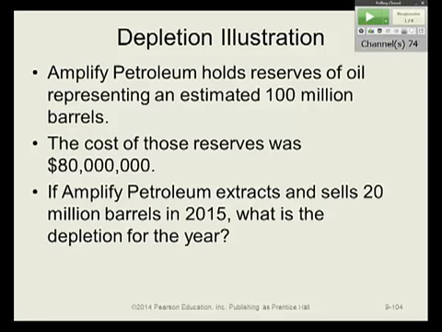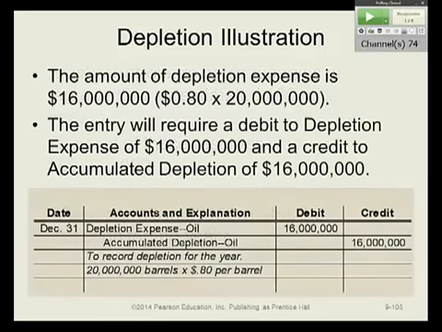So exactly what we said before, if you take the cost minus the scrap value, in this case the depletion rate is 80 cents per unit, and if you produce 20 million units, your depletion is 16 million. So the entry that you'd have to make would be to debit the depletion expense and credit the accumulated depletion.